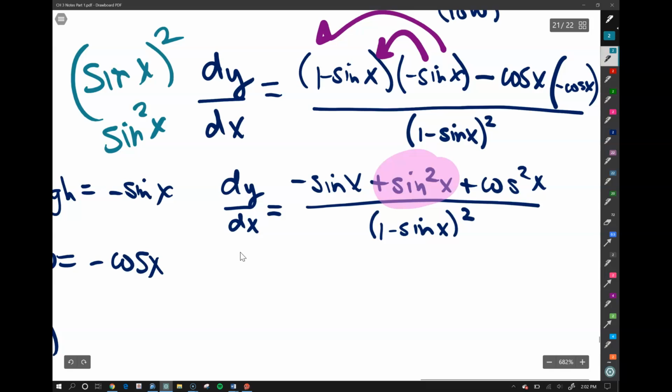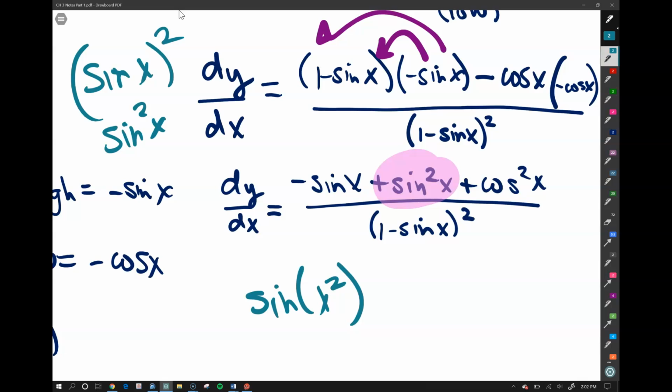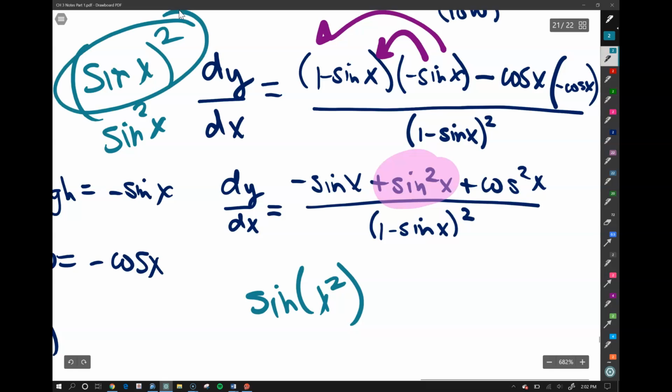I'm not taking sine of x squared, I'm taking sine of x and then squaring it. I'm taking the whole sine of x and then squaring it.